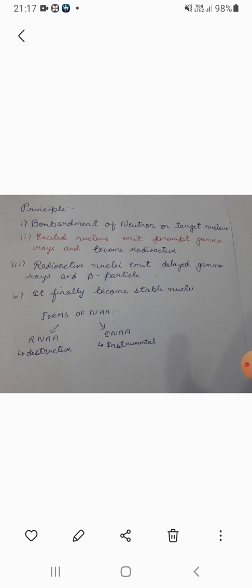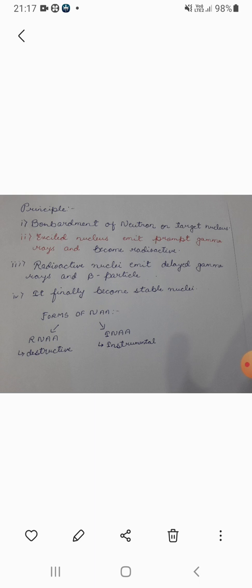Now let's talk about the forms of NAA. One is RNAA, another one is INAA. RNAA means radiochemical neutron activation analysis, and INAA is instrumental neutron activation analysis.